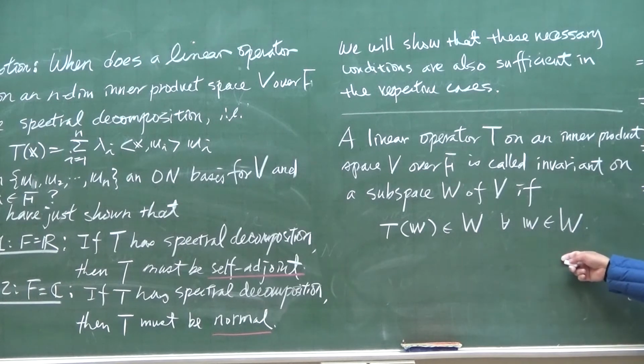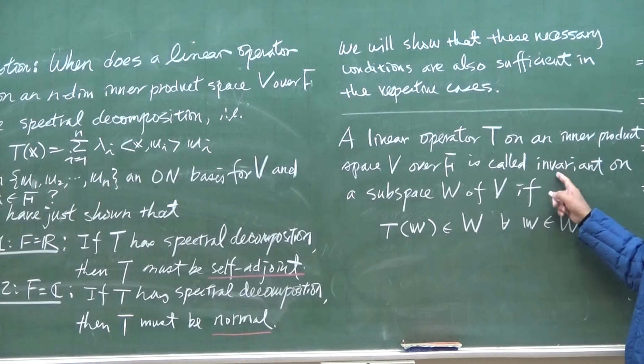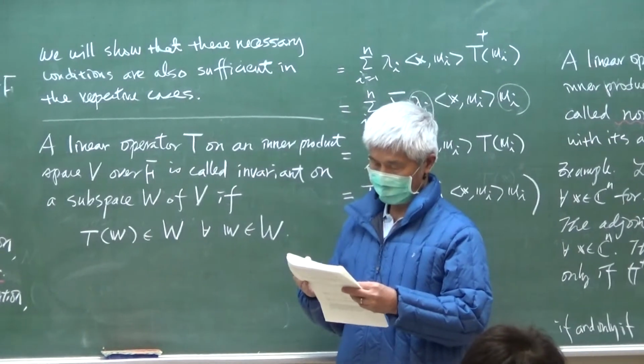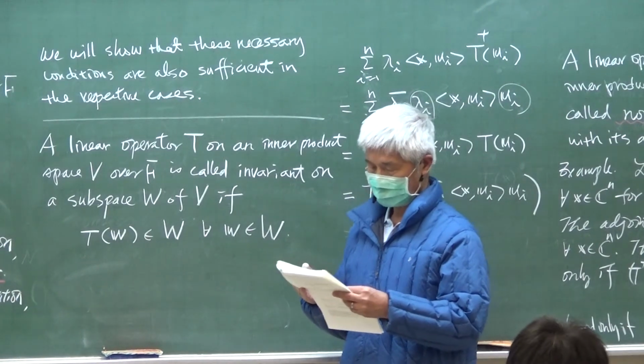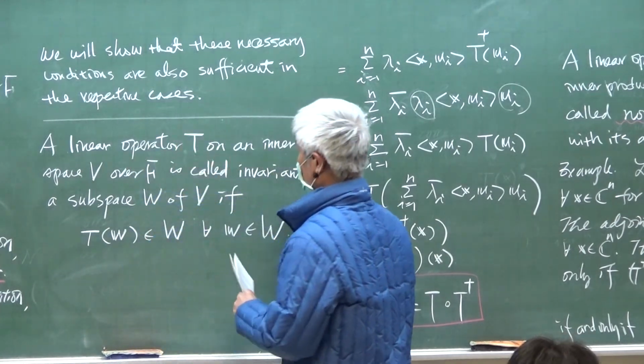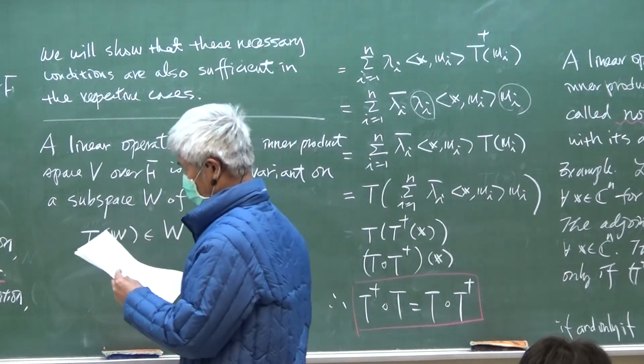If this is true, then W is called invariant. So T is invariant on W.